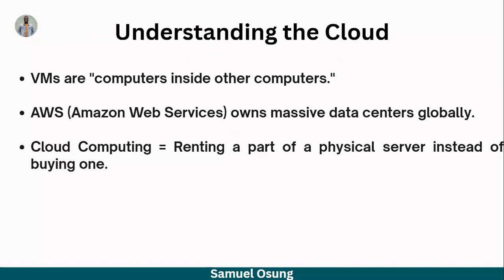So in the previous video, we talked about virtual machines and we understood that virtual machines are computers that exist inside another computer. So now, the next question that will come naturally is, where do these virtual machines live?